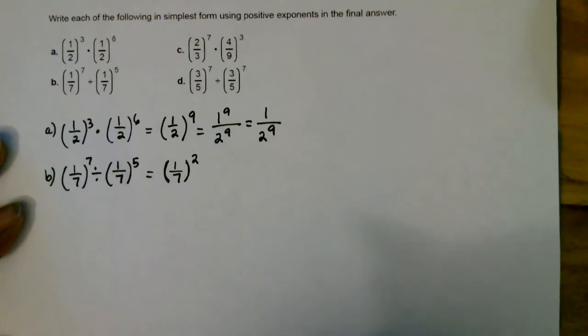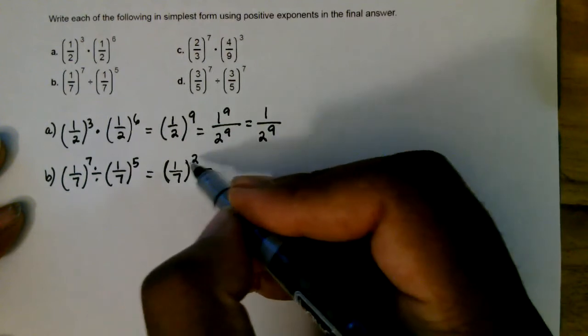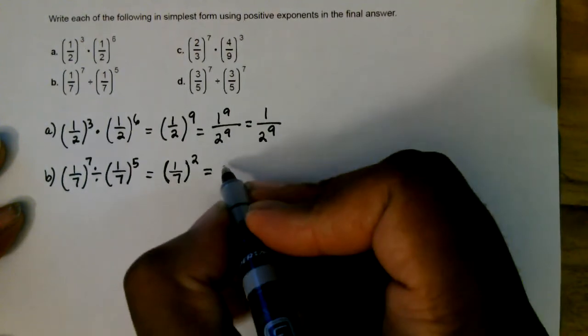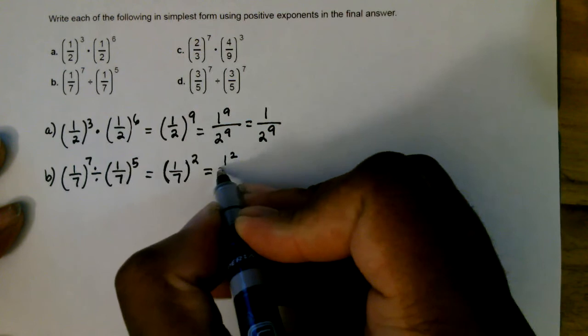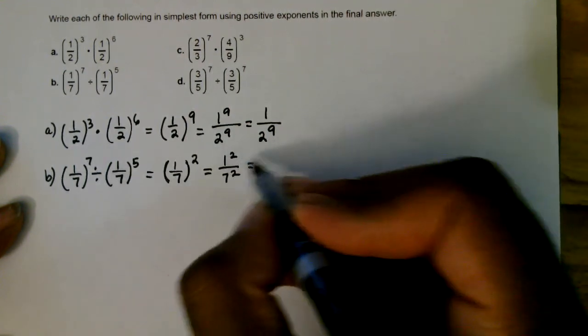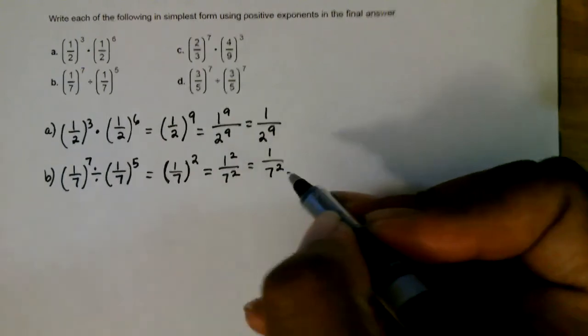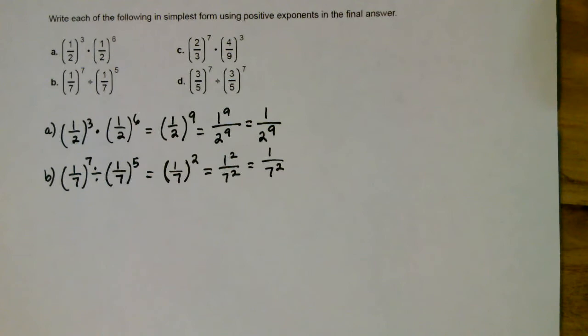That will be 2. And then we raise the numerator and the denominator to the 2nd power. So the 1 will be to the 2nd, 7 will be to the 2nd. Well, 1 squared is 1. And that's good. In my math lab, they're going to want that as 1 over 7 squared.